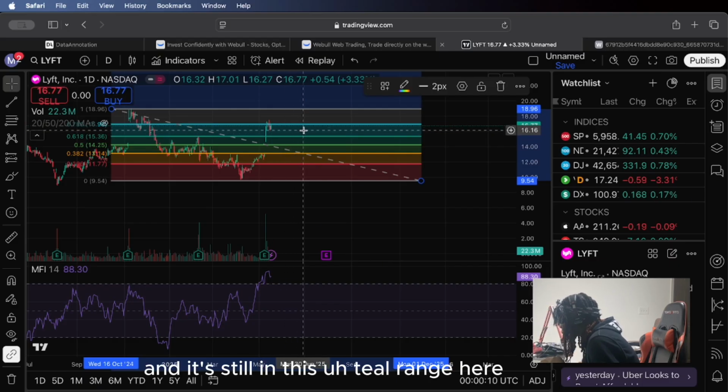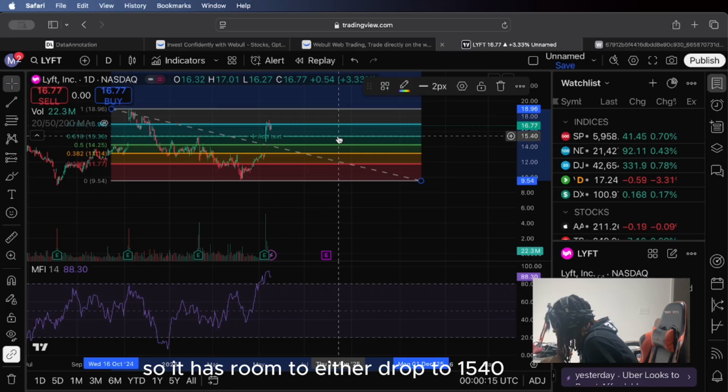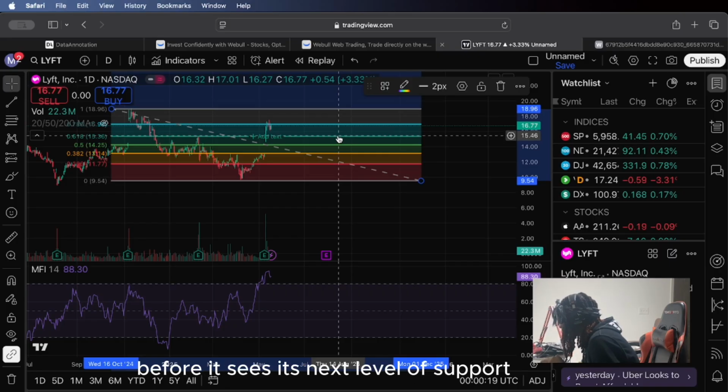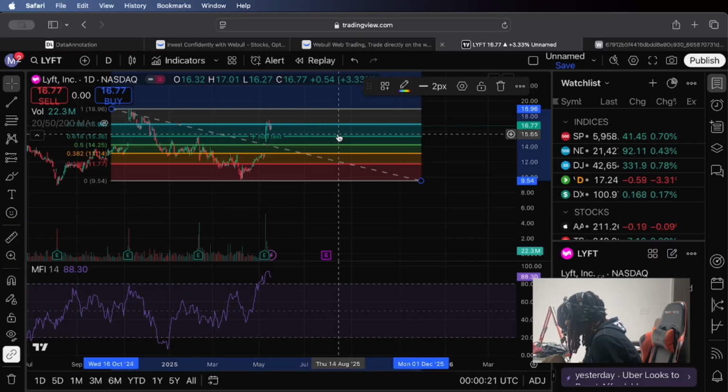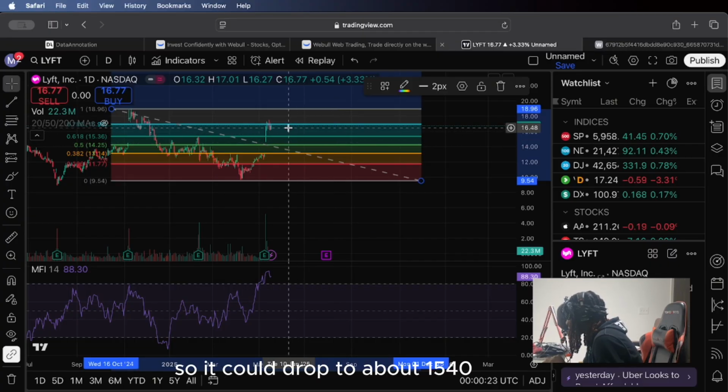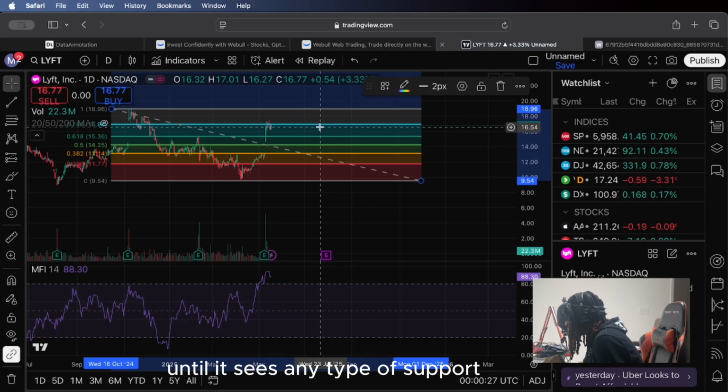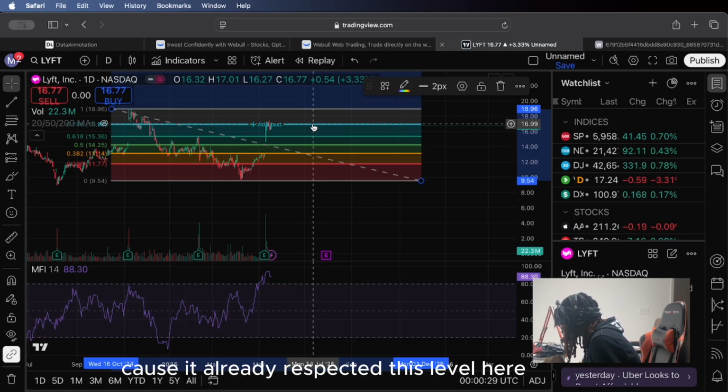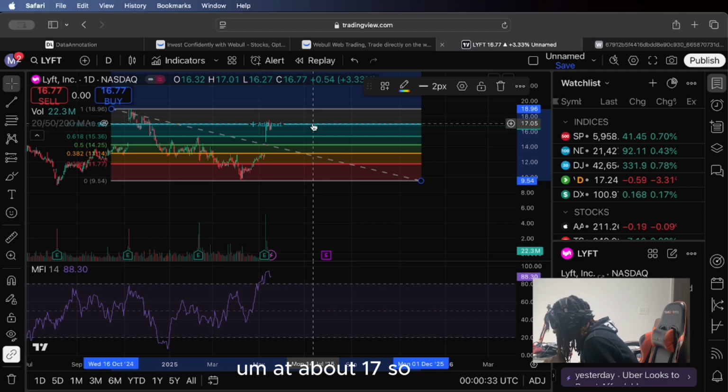And it's still in this teal range here, so it has room to drop to 15.40 before it sees its next level of support off of that bearish divergence. So it could drop to about 15.40 until it sees any type of support, because it already respected this level here at about 17.